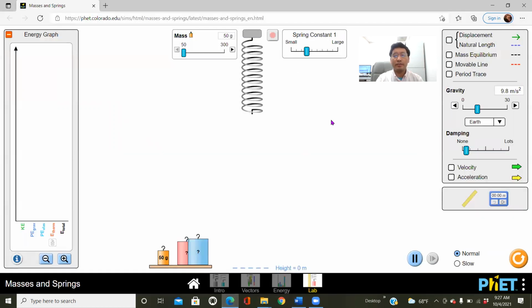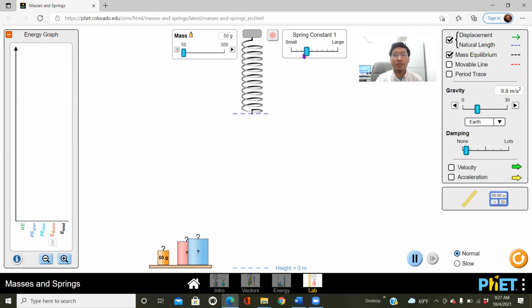Going back to the simulation link, click here to show the displacement, natural length, which is the equilibrium position of this spring, and the mass equilibrium line. You will see this black line later. This is the spring constant.